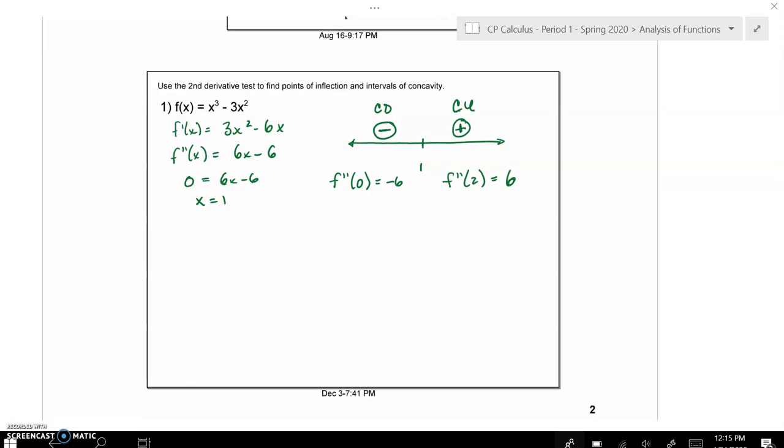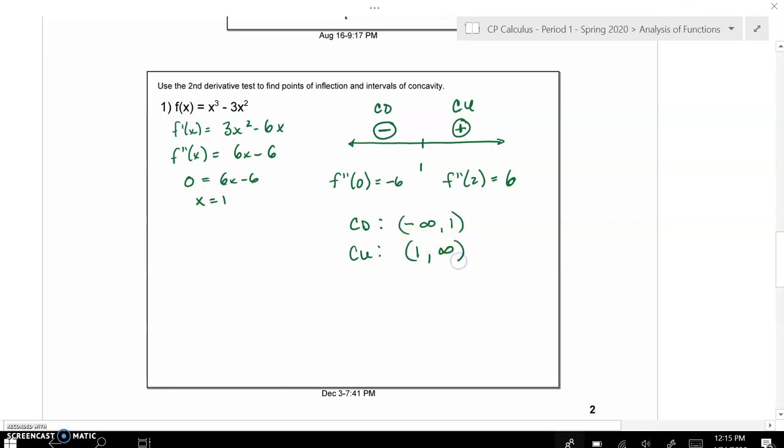So the way I would summarize all this information is I'm going to be concave down on the interval -∞ to 1. I'm going to be concave up, abbreviated CU, from 1 to infinity.